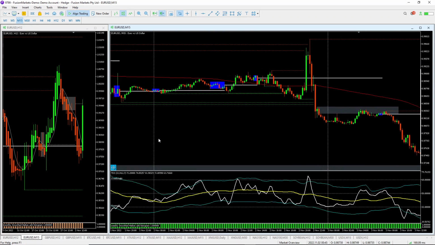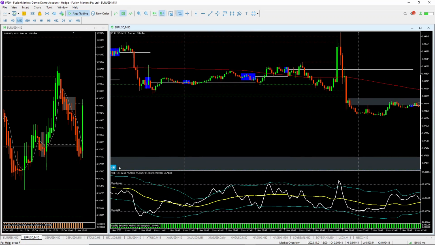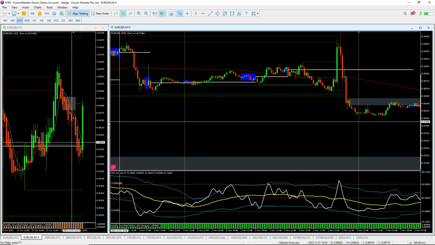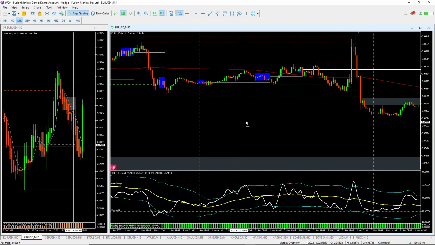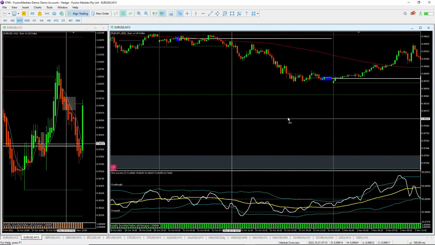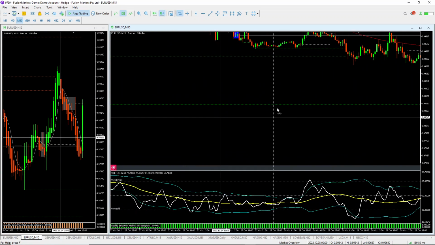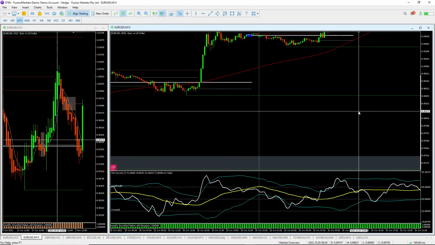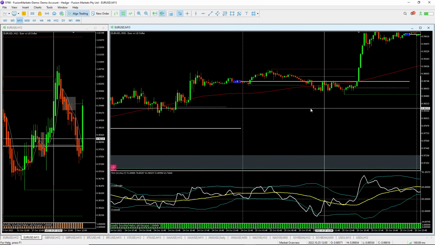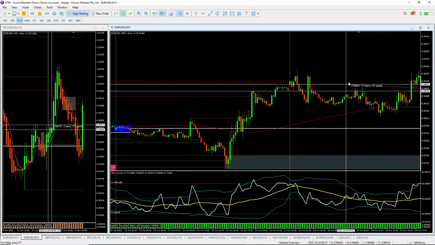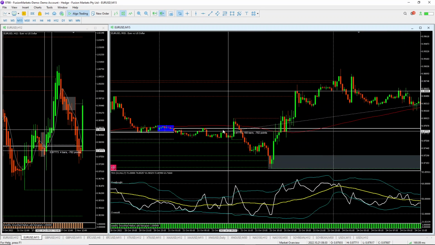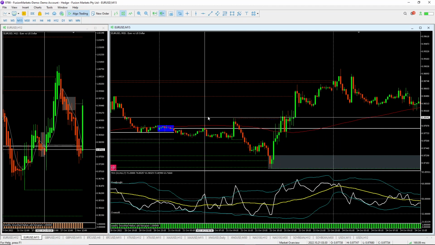So let's look for more examples now. Let's look at the buy side. Let's look at the higher time frame there. Let's go back to when price was crossing above value and above the Heikin Ashi moving average.